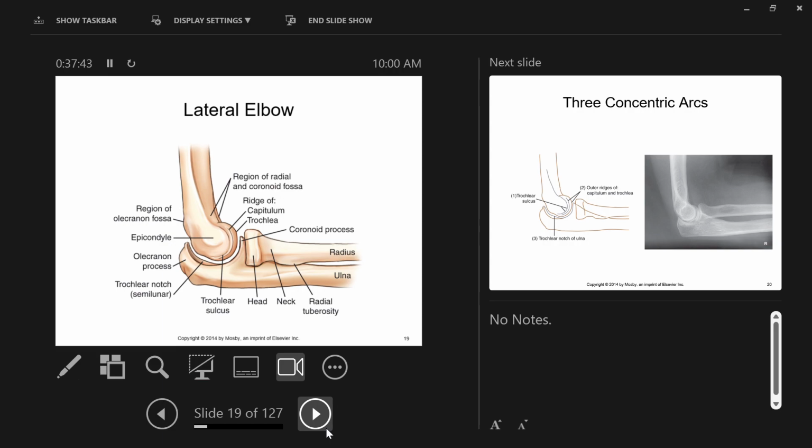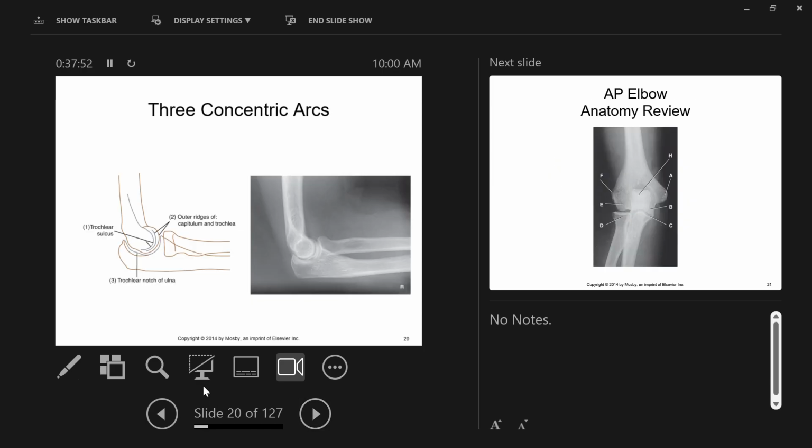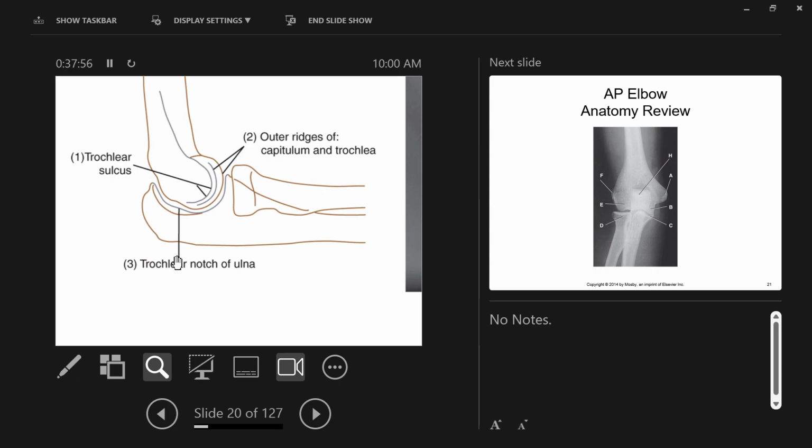All right, so there's the three arcs. I'm going to come off of this picture for a second to show you those radiographically. So there's what we're looking for. Trochlear notch, trochlea, and capitulum. They're labeling trochlear sulcus too, but I really want you to focus on trochlear notch, trochlea, and capitular ridge.